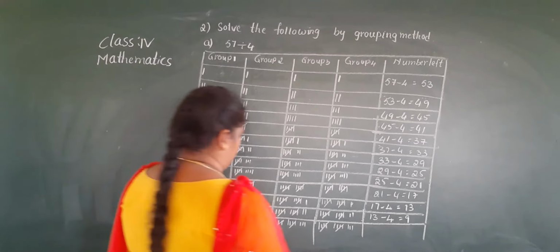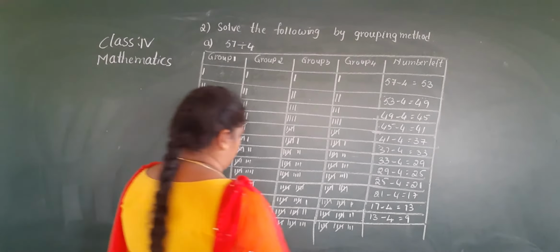So from this what can we write? See here children, counting the number in each group. How many is there in each group? 1, 2, 3, 4, 5, 6, 7, 8, 9, 10, 11, 12, 13, 14. So in each group it is 14. So therefore we write, I don't have space down, so I write at the side. 57 is divided by 4.